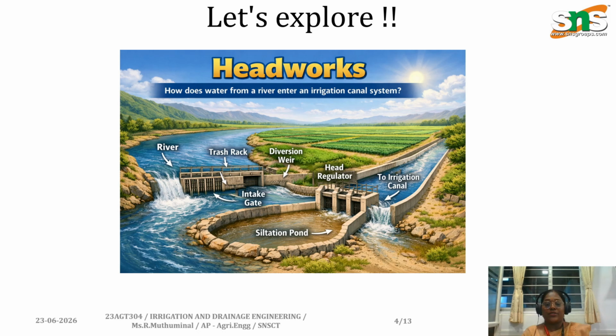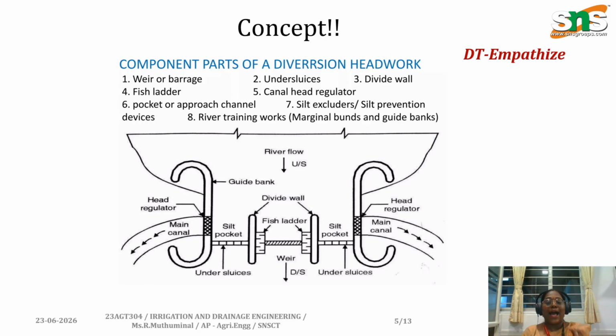Therefore, engineers construct special structures across the rivers to raise the water level and divert a portion of water into the canals. These structures are known as headworks. In simple words, headworks act as the gateway between the river and the canal system. They ensure that sufficient water enters into the canal so that the crop receives water when it is required.